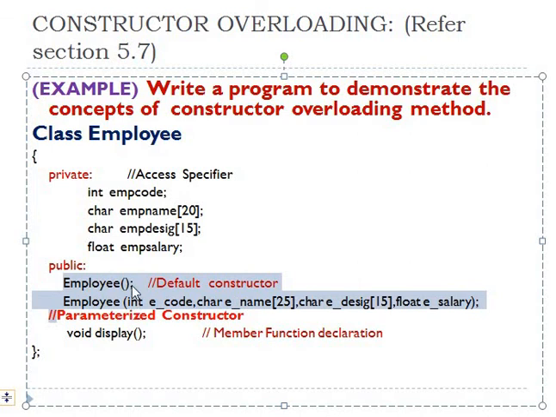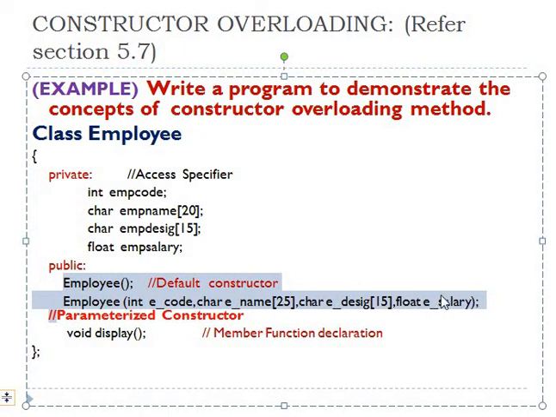If you look at both these constructors, they have the same name, which is employee, and it matches the name of the class, which is also employee. The only thing they differ in is the number of parameters. The default constructor has no parameters, whereas the parameterized constructor has 4 parameters.